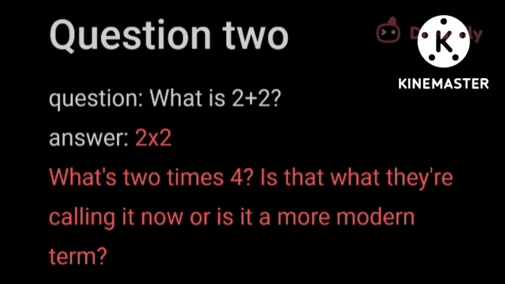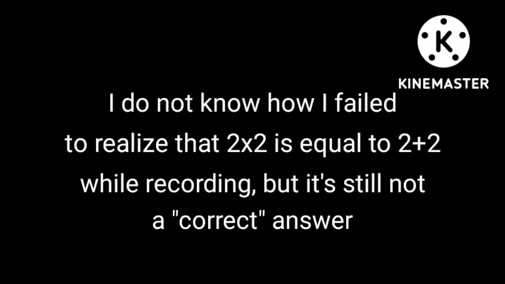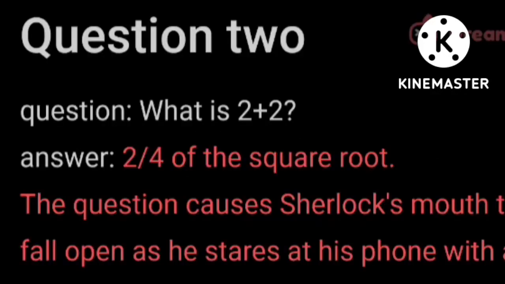Okay. It mentions 4 down there. What is when it says what's 2 times 4, but that's not an answer to the question. So half. 2 quarters. So 2 quarters of the square root.